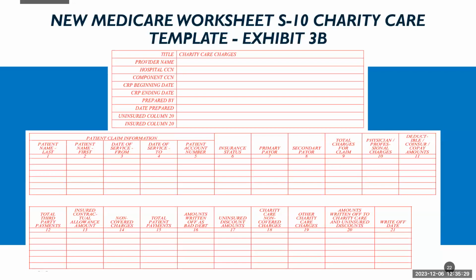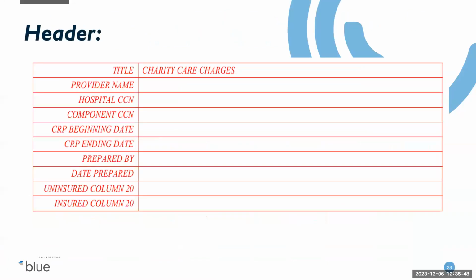And you have to make sure that those are stated in your policy. It's similar to your financial assistance policy, where it has to be stated what your policy is and what the amount is. But yes, those are still acceptable. They just have to make sure that they're in the uninsured piece of the S-10.